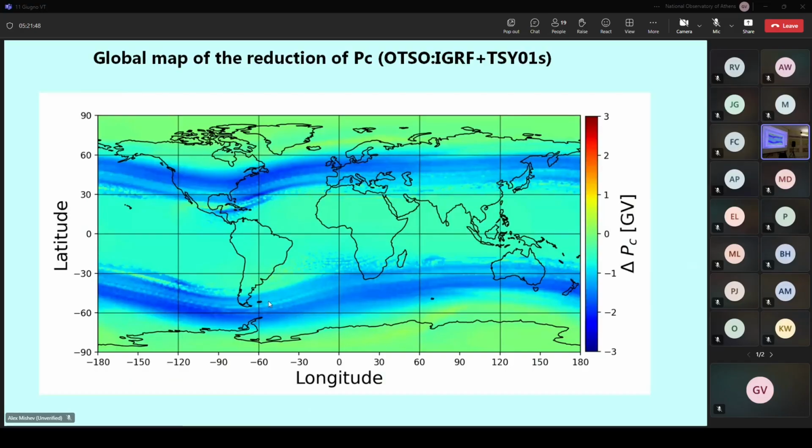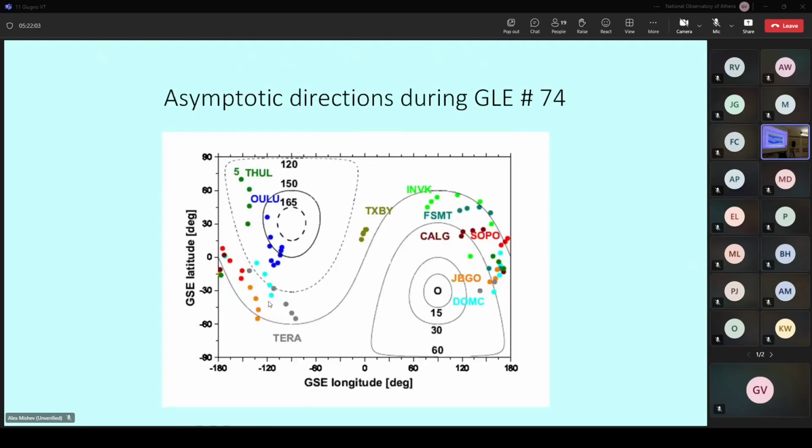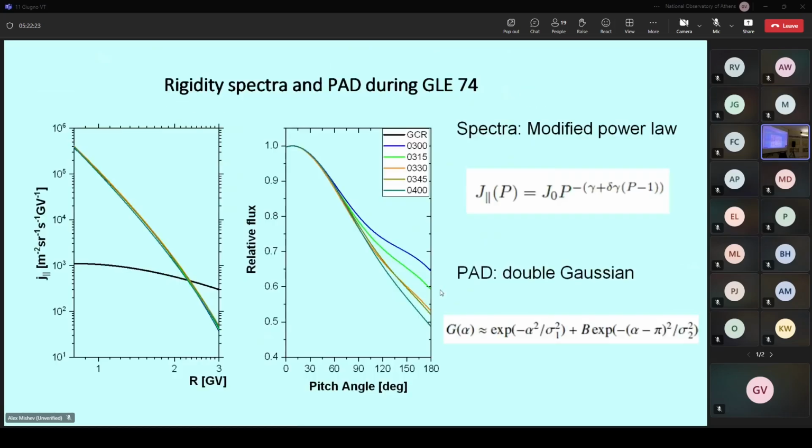And we are computing the real contribution of the SEPs, and for the analysis, we consider only the polar stations, whilst all the other stations were assumed with no count rate increase. Those are the asymptotic directions for selected stations. So the maximum would be expected at Jang Bogo, Dome C, and the South Pole, which is actually the case.